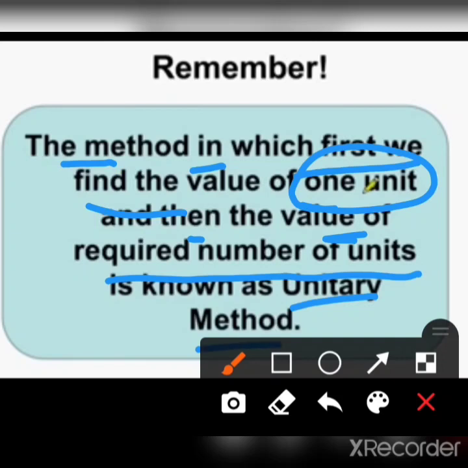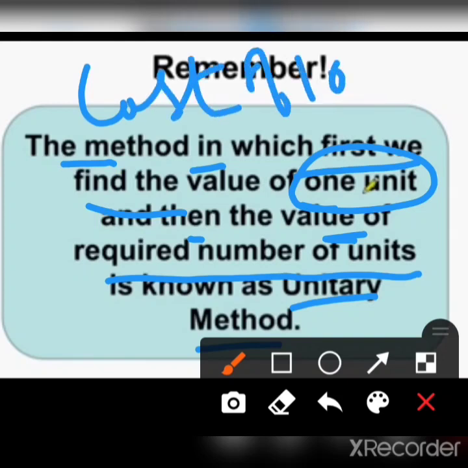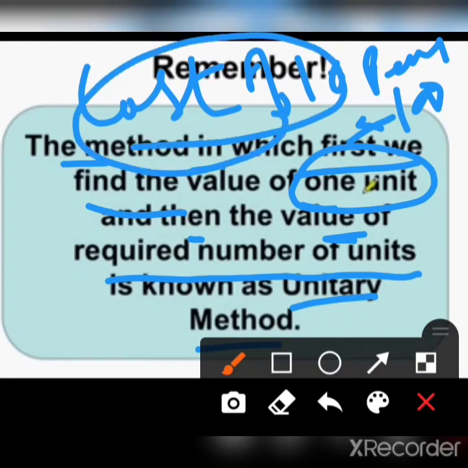Suppose the cost of 10 pens is equal to 100 rupees. Then how can we find the cost of 5 pens? Simply, the cost of 10 pens is equal to 100. First of all, find the cost of 1 pen. How can we find it?